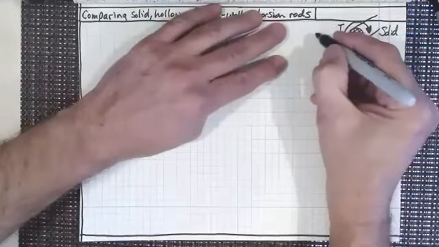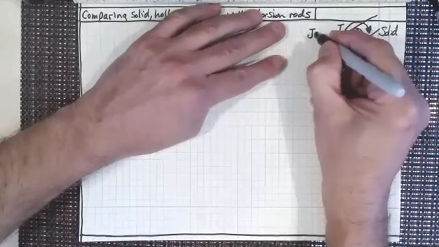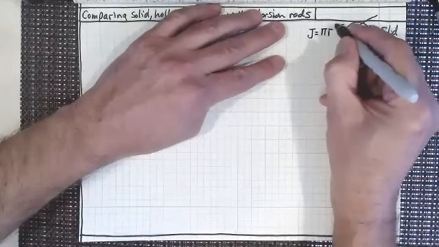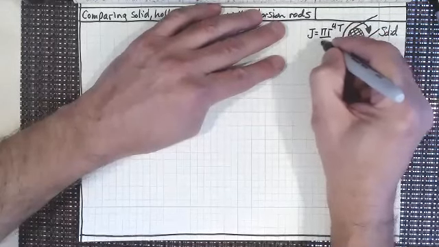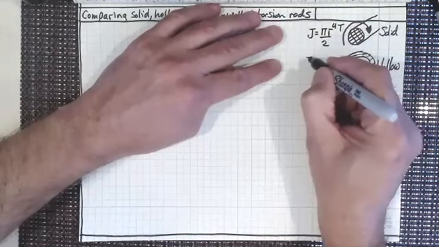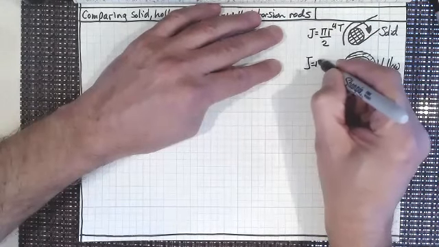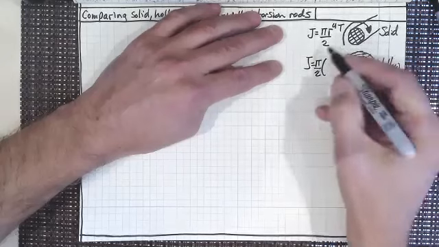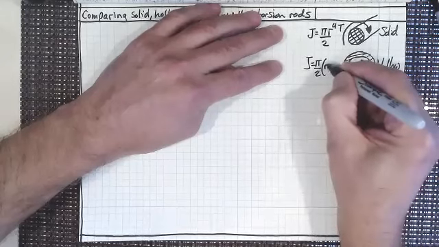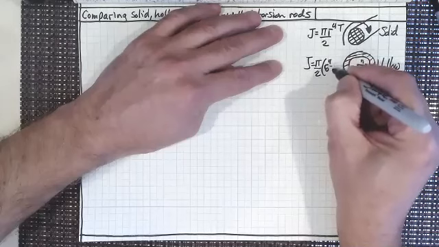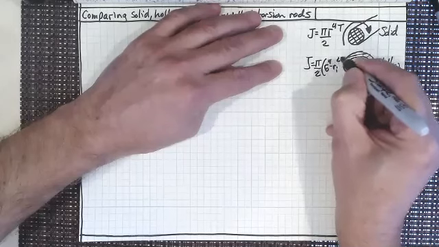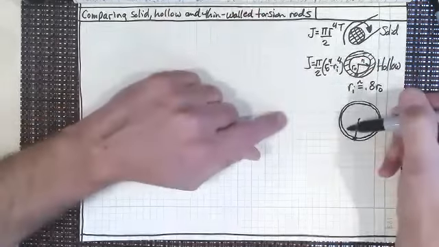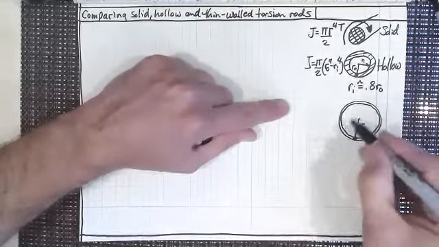In fact, we have equations for the polar moment of inertia for a solid cylinder. Let's put that up there. And we have the polar moment of inertia for a hollow cylinder, which would be R outer to the fourth minus R inner to the fourth. And then we also have J.